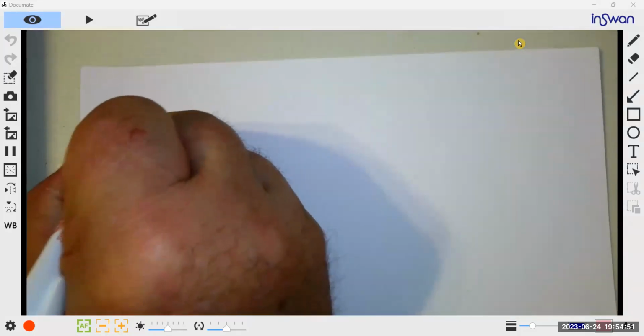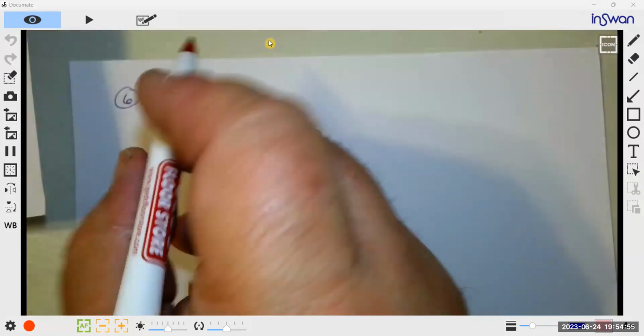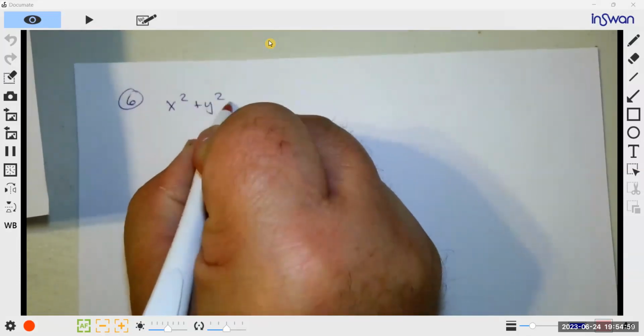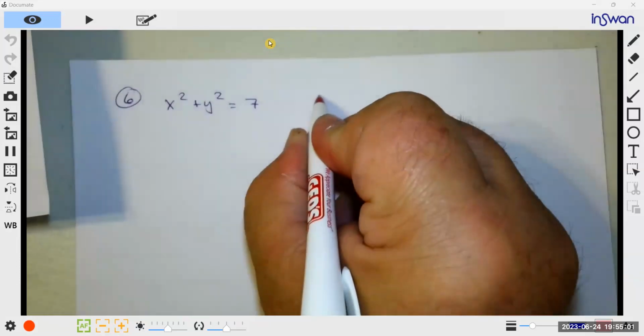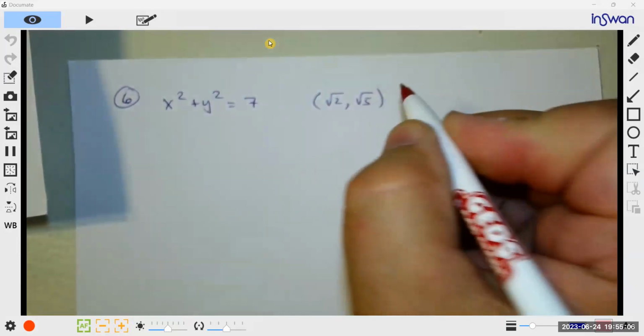Okay, let me write what I have. This is question 6. We have x squared plus y squared equals 7 through the point radical 2, radical 5.